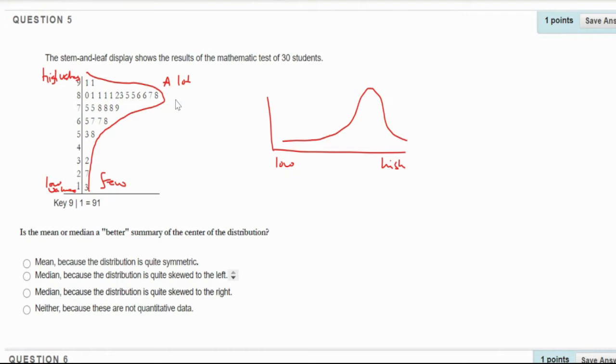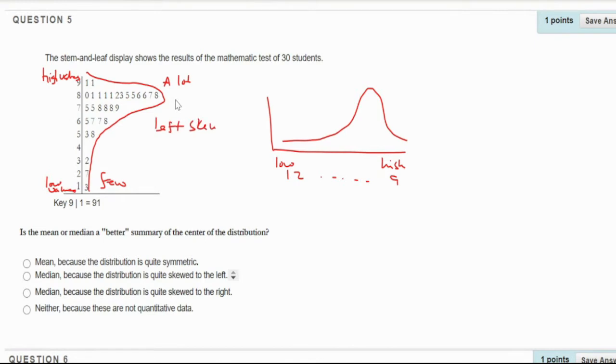Because we're going to put 1, 2, blah, blah, blah, up to 9 like this. So this is a little tricky because these lines, the stem, were arranged in descending order instead of the ascending order that you usually see, right? So what kind of skewness is this? To the left. Excellent. So this is left skewed, right?